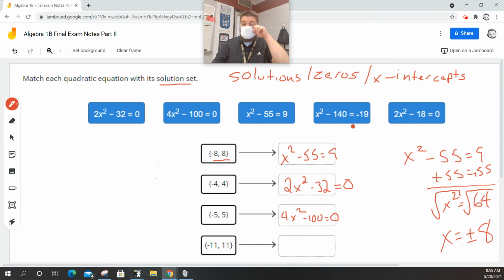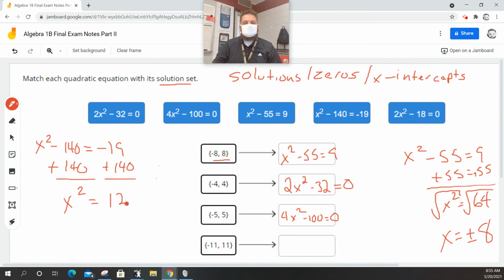And then for the next one, we could do the same thing. I'm going to say x squared minus 140 is equal to -19. I'm going to add 140. Oh, I know what this one is already, but let's finish the math. This is the last one. I've got x squared is equal to 121, since 140 minus 19 is 121.